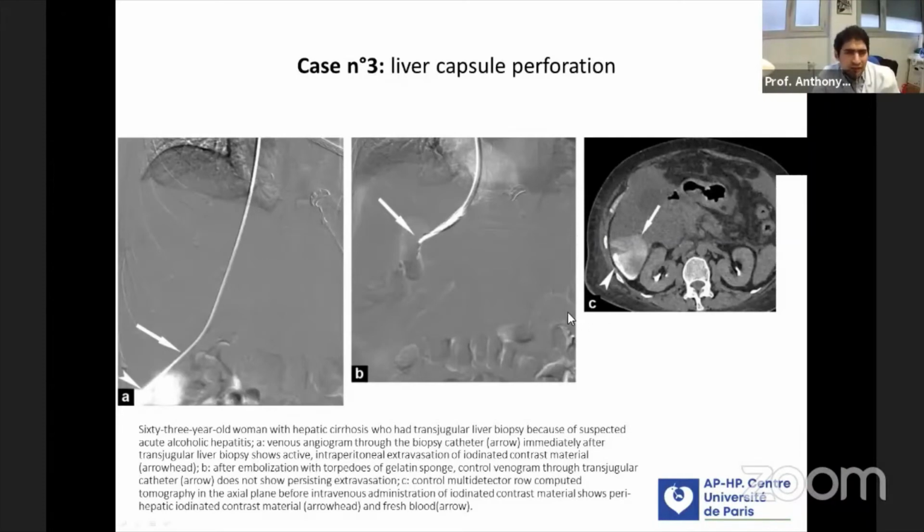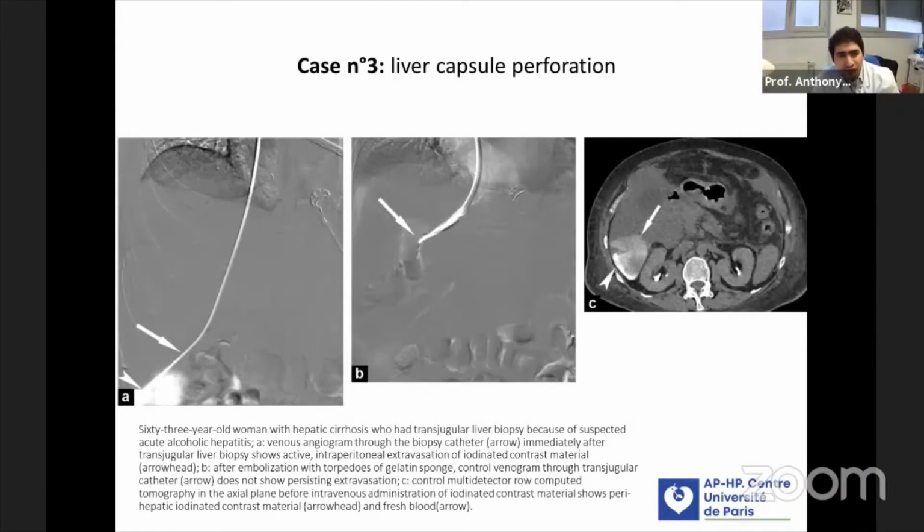So if you are in the vein with a sheath and you have extravasation of contrast, what we do usually is to use temporary embolization material, such as gelatin sponge, that we inject distally to slow the flow of blood and to help the spontaneous coagulation.